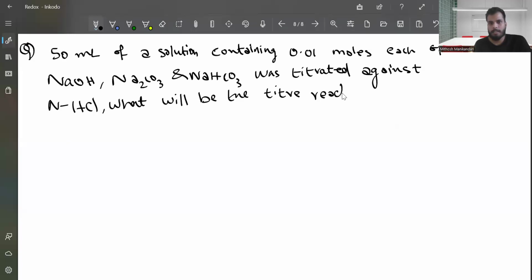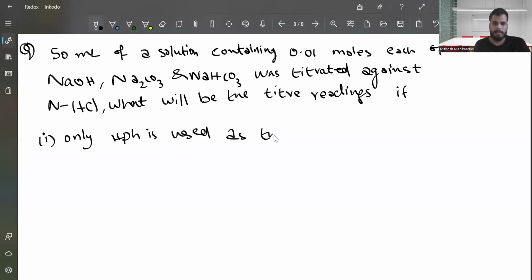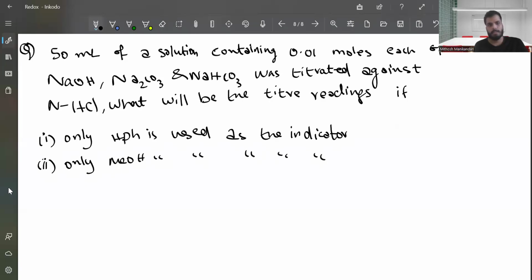What will be the titer readings? We have 3 cases, and you need to find the titer reading in all of them. First case, only phenolphthalein is used as the indicator. Second case, only methyl orange is used as the indicator.